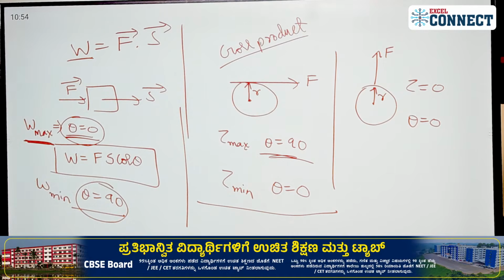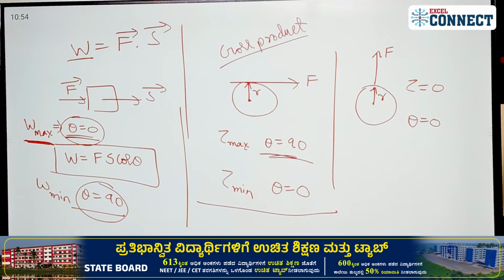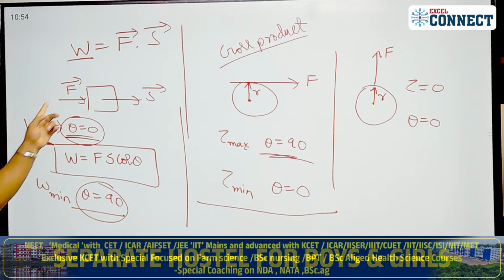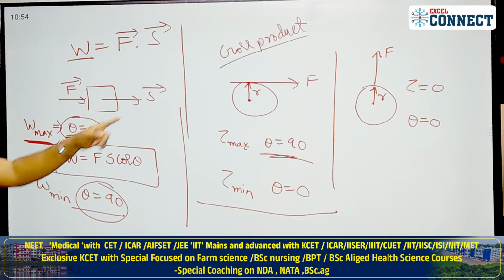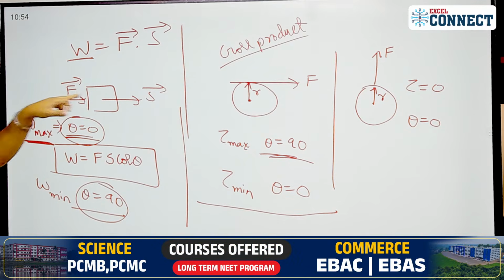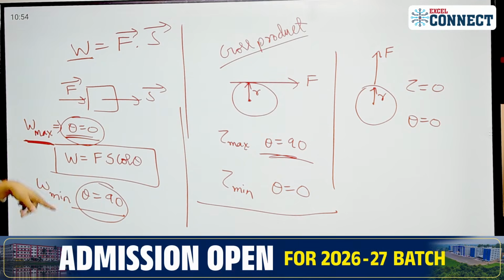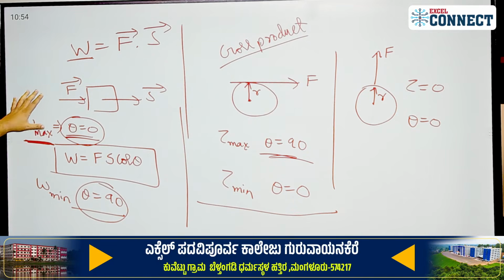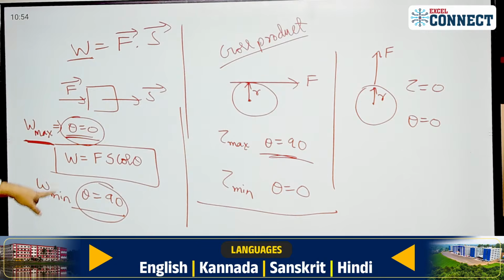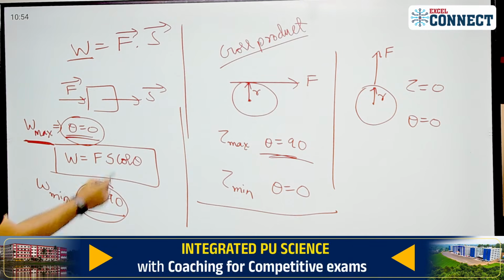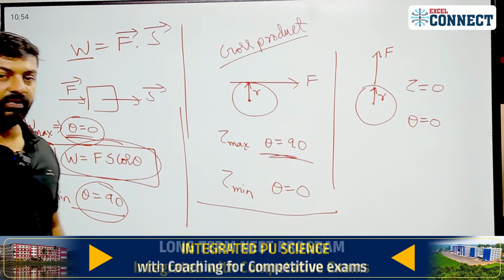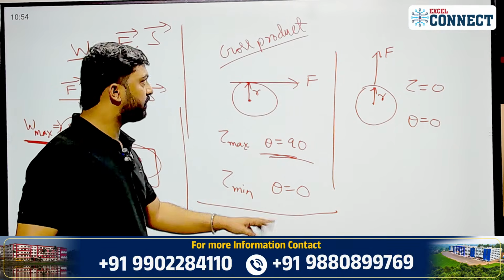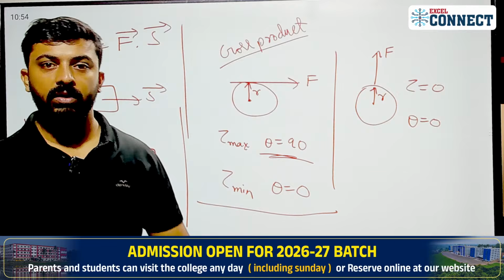It depends on the nature of the physical quantity. Work done depends on force and displacement; it is maximum when these two are in the same direction and minimum when the angle is 90. So if a quantity is maximum when theta is 0 and minimum when theta is 90, it comes under dot product. And if a quantity is maximum when the angle is 90 and minimum when theta is 0, then it comes under cross product.